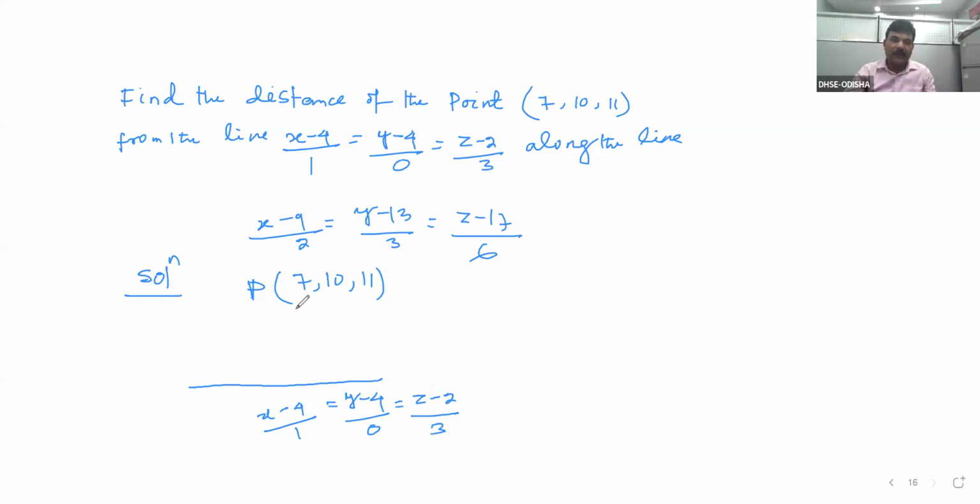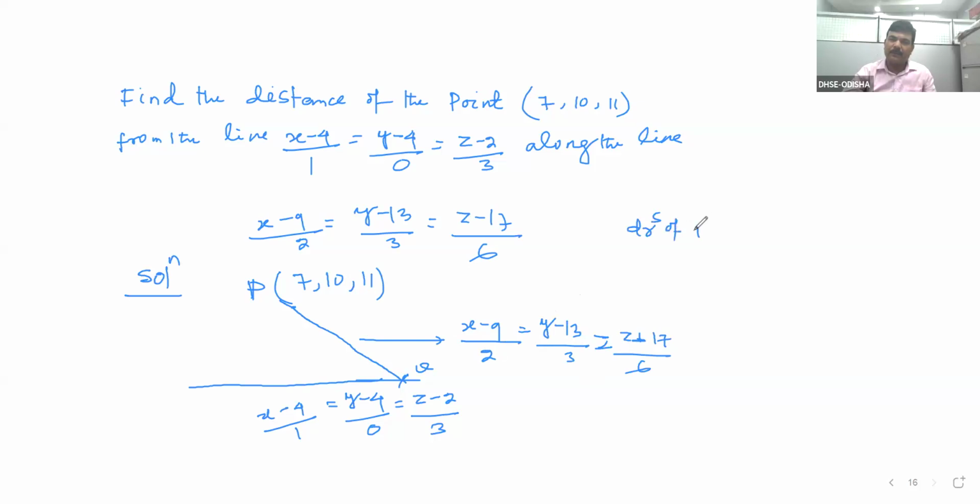And we have to find the distance of the point from this line along the line (x minus 9) upon 2 equals (y minus 13) upon 3 equals (z minus 17) upon 6, right? So DRs of PQ are 2, 3, 6.